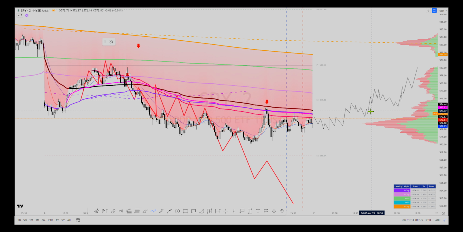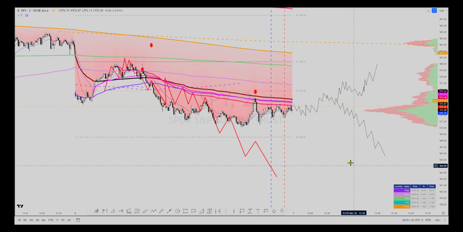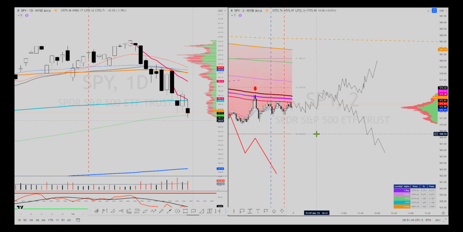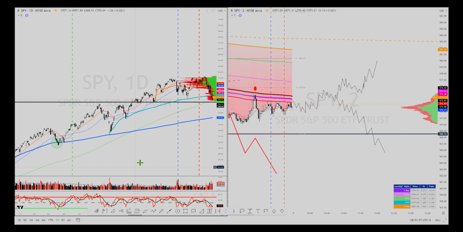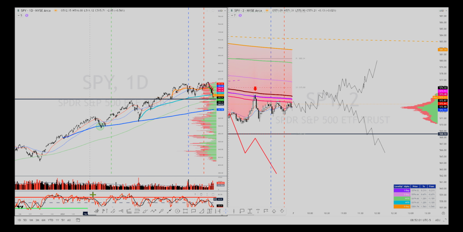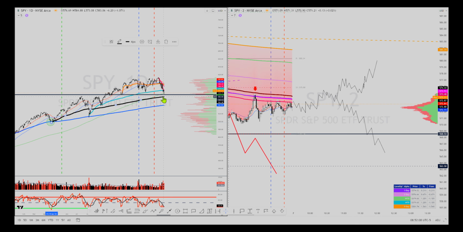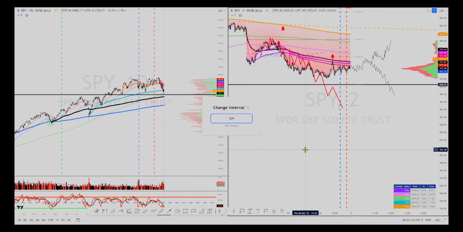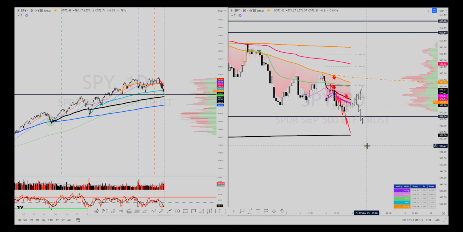Instead of reclaiming and going, we break down beneath this 570 and we continue this decline back down underneath this 568.54, 568.64, and then the next key level that we could potentially be coming down into is right over here, down into this 561.36 area. So that's the SPY trade plan.